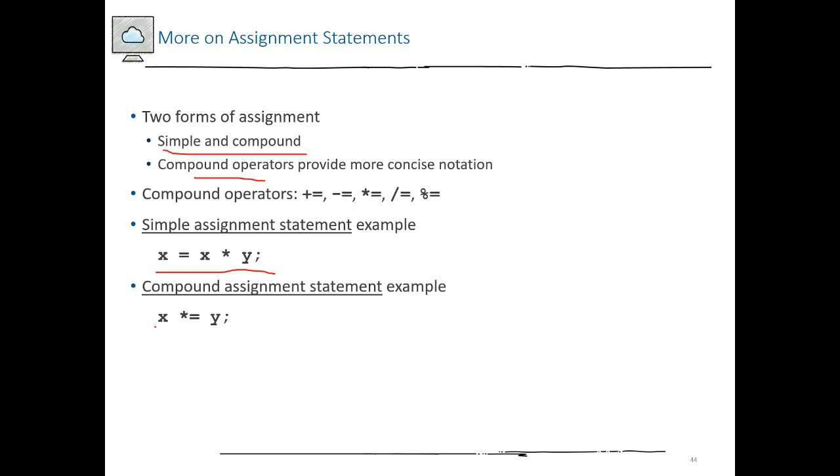A compound assignment statement is like this. It uses a compound operator. And these two statements are the same. They do the same thing. So x is equal to x times y. This is also x equal to x times y, but we use a compound operator to do the job.